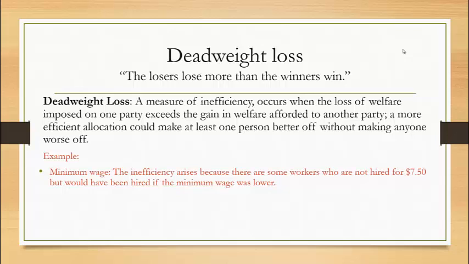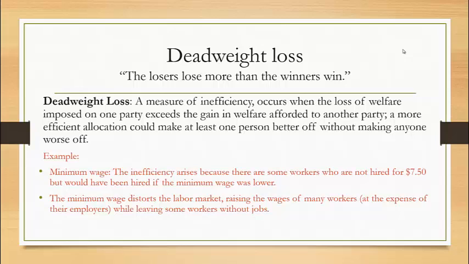So let's say the minimum wage was $3.75. Well, there would have been 2 workers employed rather than that 1 worker who was employed for $7.50. And so the minimum wage distorts the labor market by raising the wages of many workers at the expense of their employers while leaving some workers without jobs.